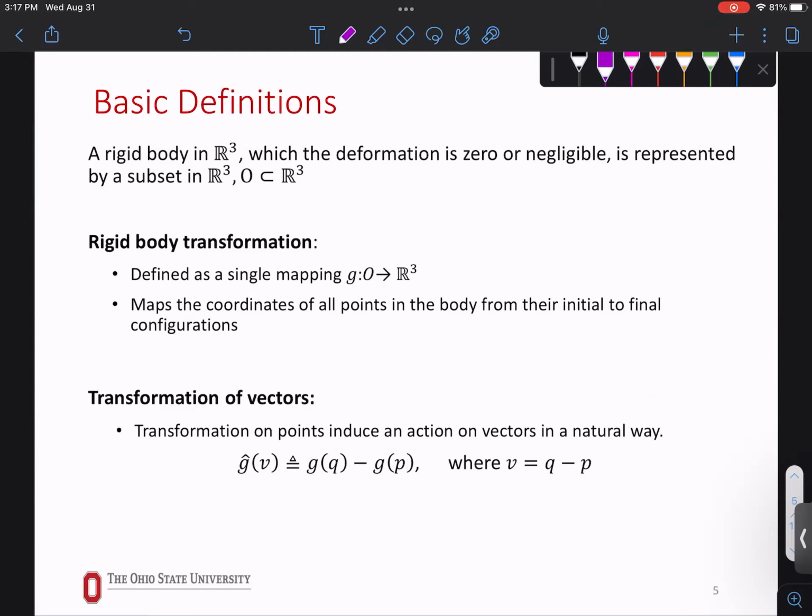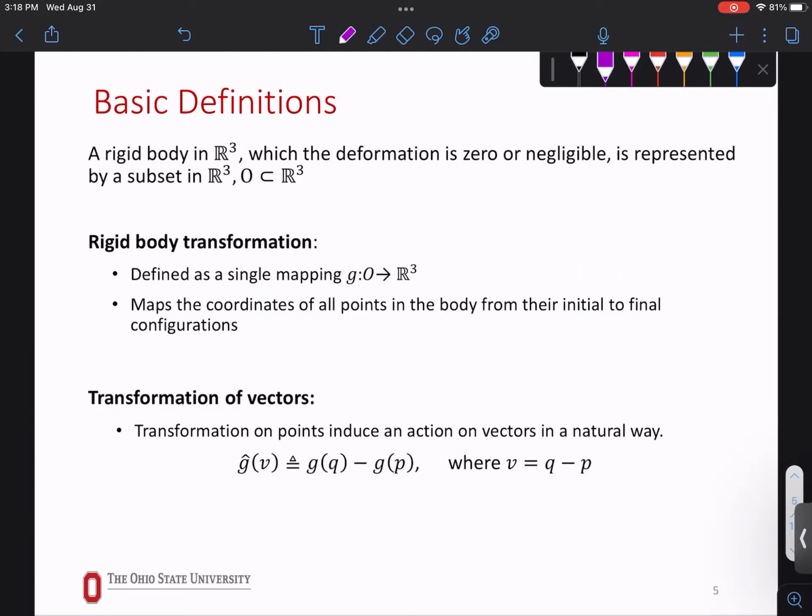So in R3, whenever we don't have any deformation or it's very negligible, we have a rigid body. This becomes our assumption. Everything we talk about is 3D and it's a rigid body. There's no deformation. We can define transformation as a single body mapping from one reference frame to another. Finding what this map is, is basically what the transformation is.